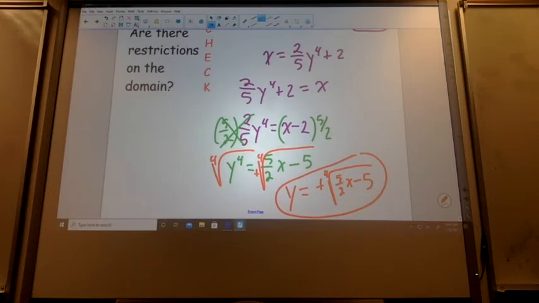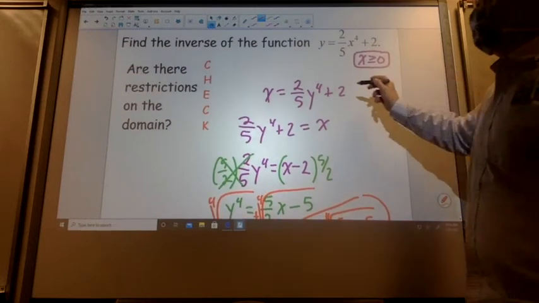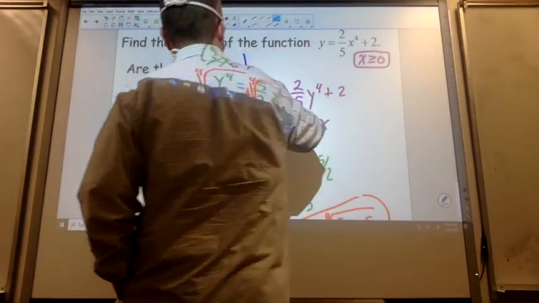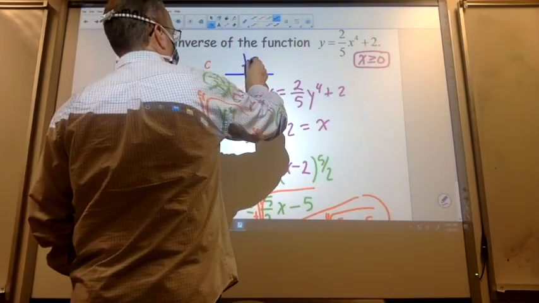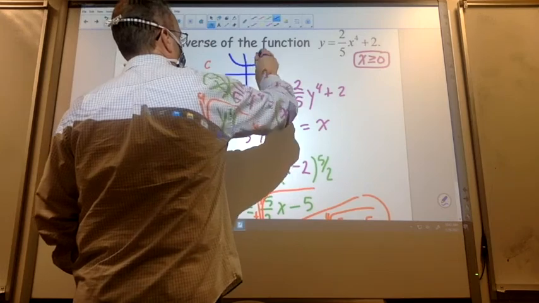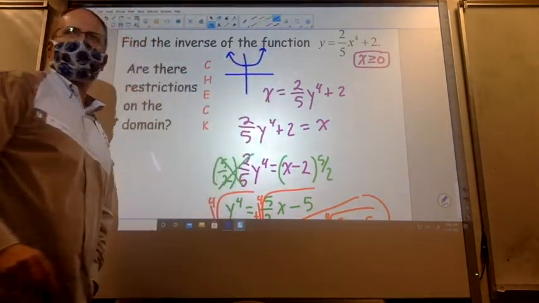Yeah? How do you know the restriction is that? Okay, great question. So this graph, if I had graphed it, would kind of look like this. Be kind of a fat parabola.